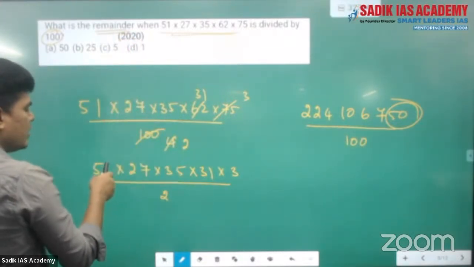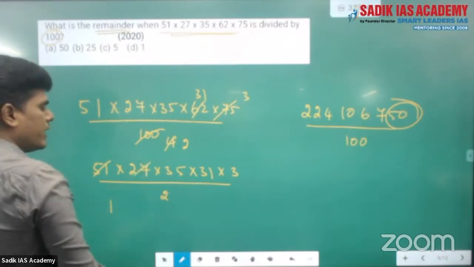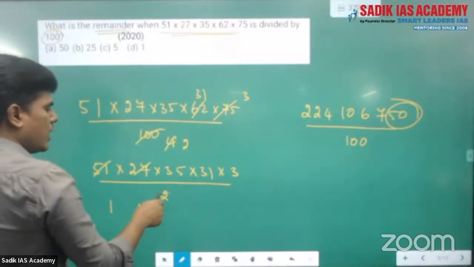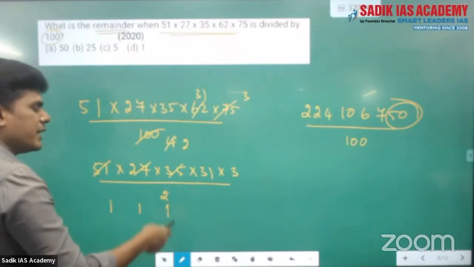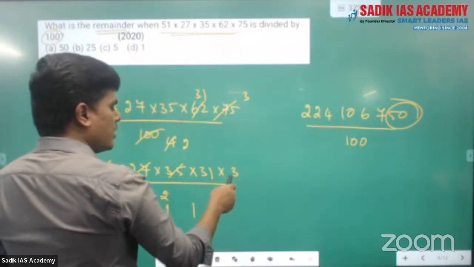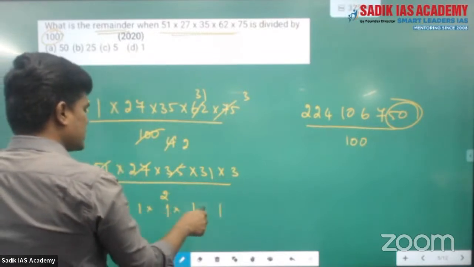When I divide 51 by 2, I'll get remainder 1. When I divide 27 by 2, remainder 1. 35 by 2, remainder 1. 31 by 2, remainder 1. 3 by 2, remainder 1. So in each case, the remainder is 1.